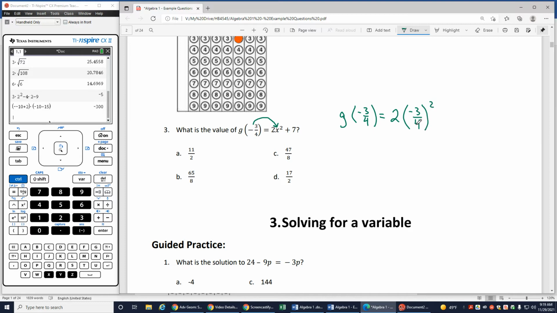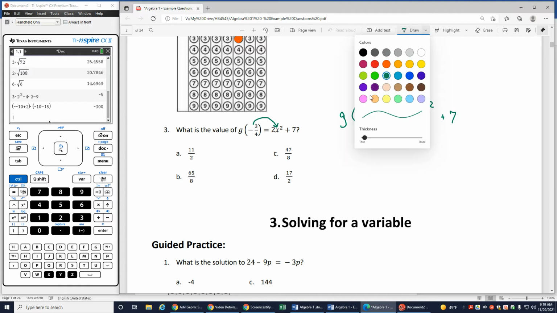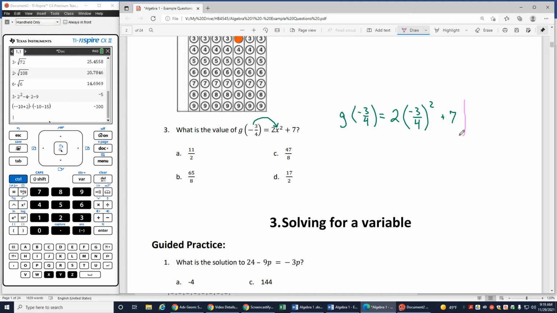I just replaced the x with the negative 3/4 plus 7. And then remember, all we're going to do is put this part in the right-hand side into the calculator. So 2 parentheses, negative 3 divided by 4. So I just hit the divided by for the fraction bar. Close those parentheses and square it, plus 7.